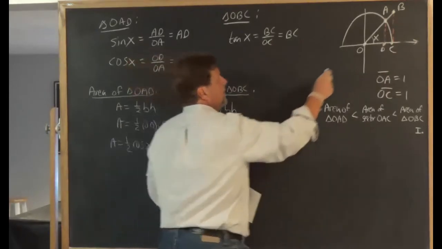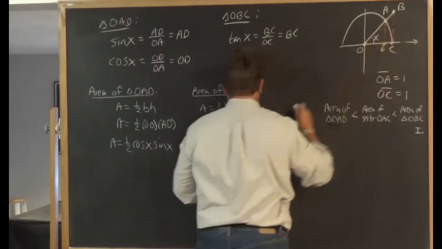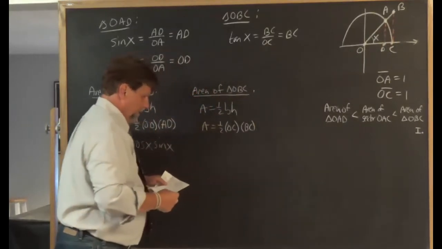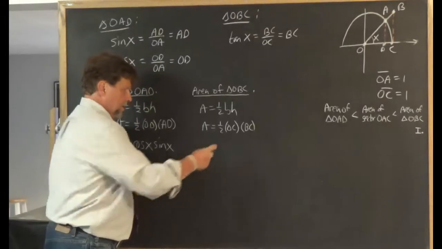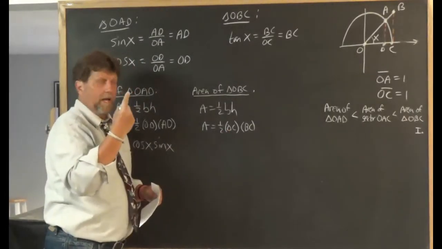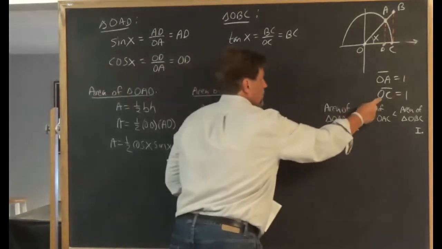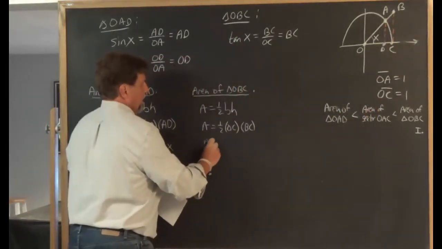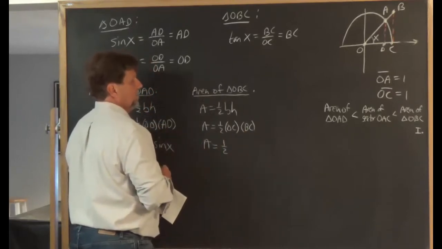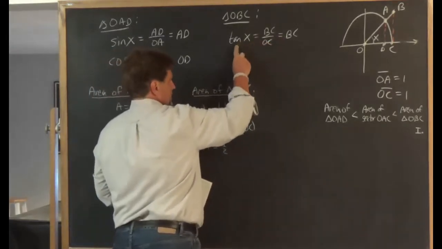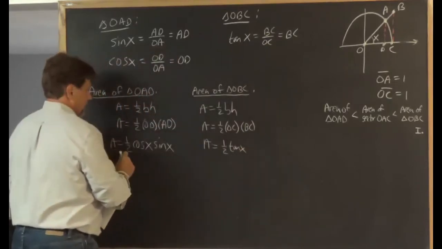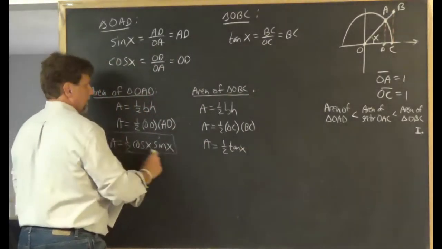The height is BC. What's the length of OC? It's 1. What is BC? Well, BC is the tangent of x. Alright, feel like I'm making some progress here.